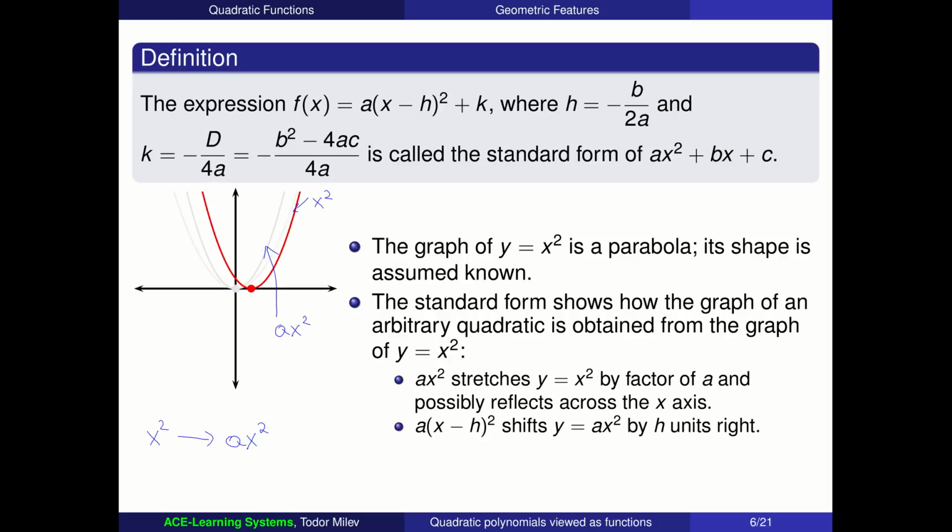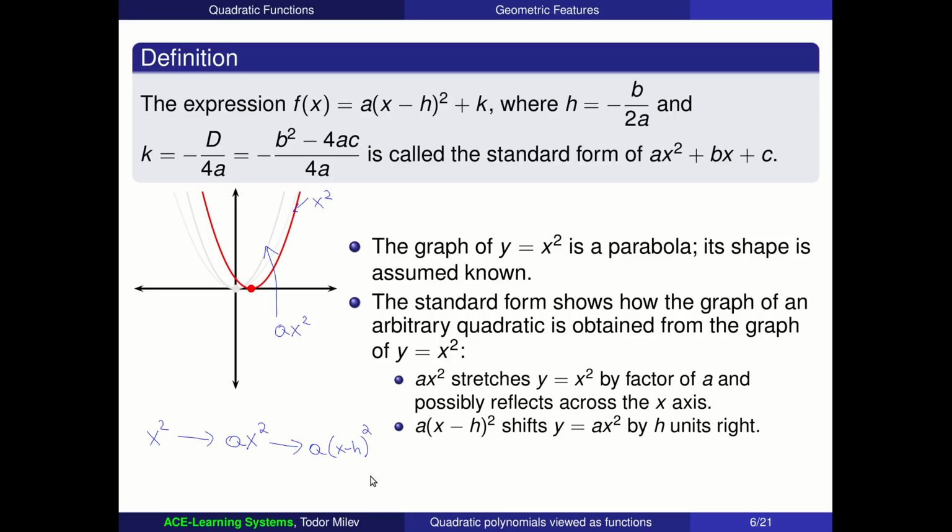Next, in order to go from ax squared to the standard form of our quadratic, I need to replace ax squared with the expression a times (x minus h) squared. So I'm replacing the argument x with the argument x minus h.